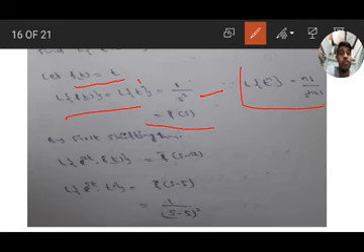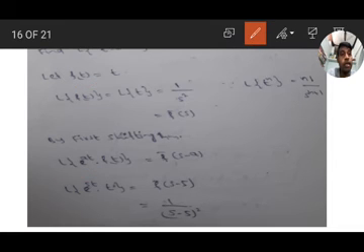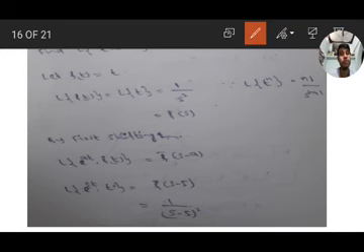By the first shifting theorem, L of e to the power of at f of t equal to f bar of s minus a. Here a equal to what? E to the power of 5t is there, means a equal to 5. So L of e to the power of 5t into t is f bar of s minus 5, that is 1 by s minus 5 whole square. In place of s we have to write s minus 5.